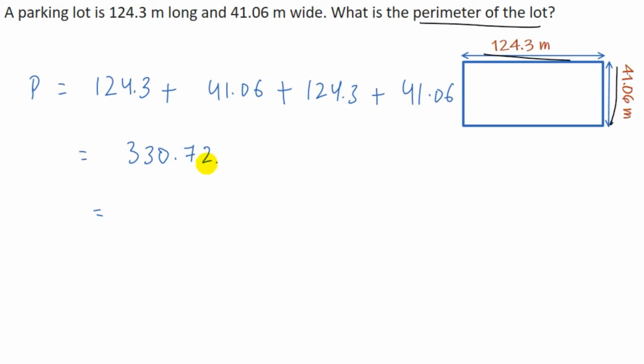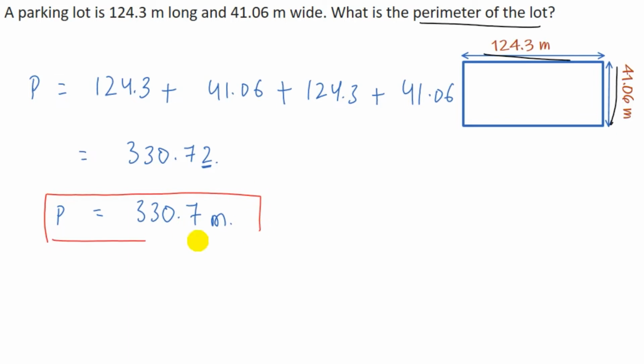Since the next digit is less than 5, we can take this 7 as it is. So 330.7 meter is the answer that we quote according to the significant figures rule. This is the solution.